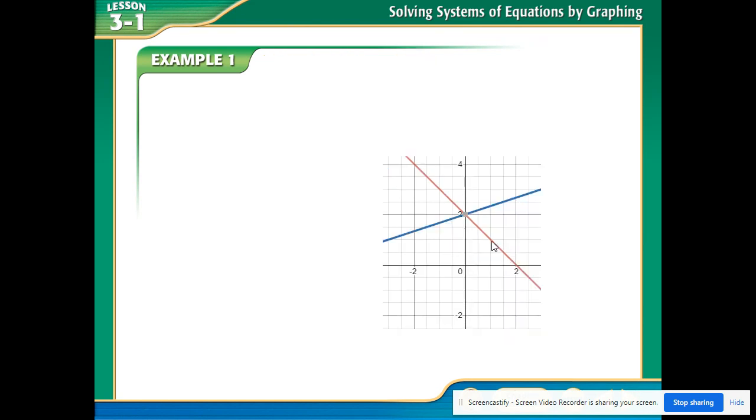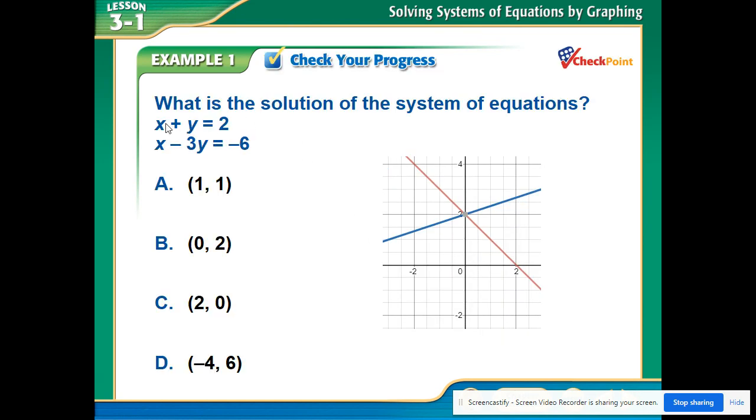Let's try another one. So here we have x plus y equals 2, x minus 3y equals -6. Now we're going to have to solve this. We're going to have to move that x over, so it's going to be y equals -x plus 2. And this one here, we're going to have to move the x over and then divide by -3. See that -3? So we're going to get a -1/3 x. Actually a positive. By the time we move that over, it's negative, and then another negative is positive. So it's 1/3 x plus 2.